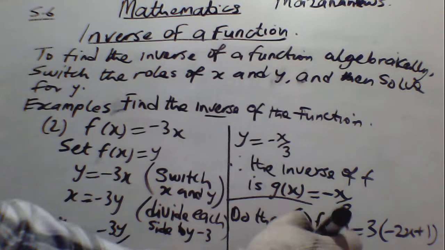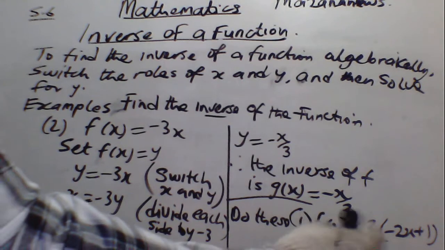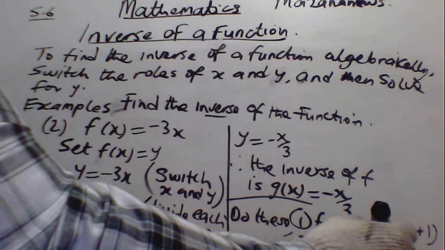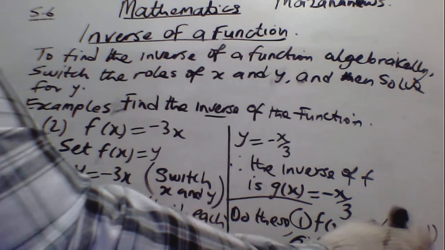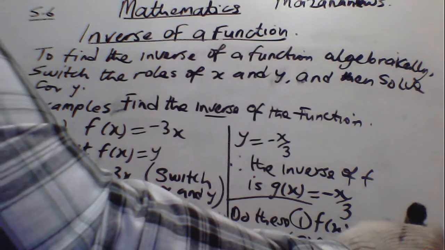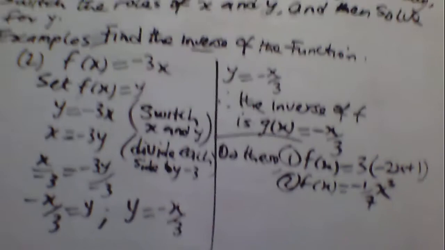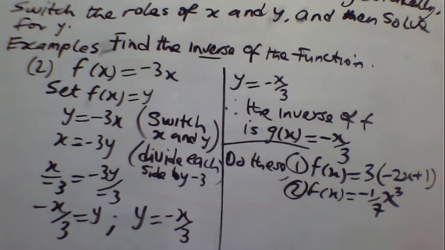Second one, f of x is equal to minus 1 over 7 x raised to power 3. So do these two. Find the inverse of these two functions.